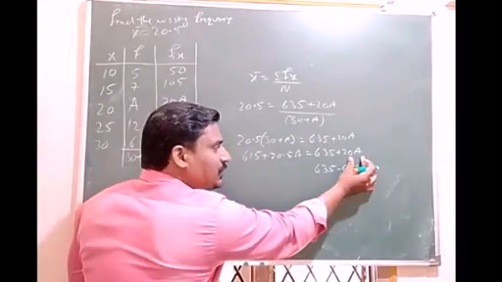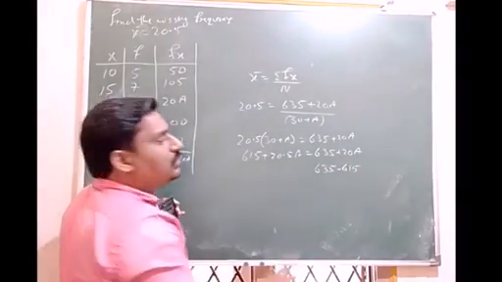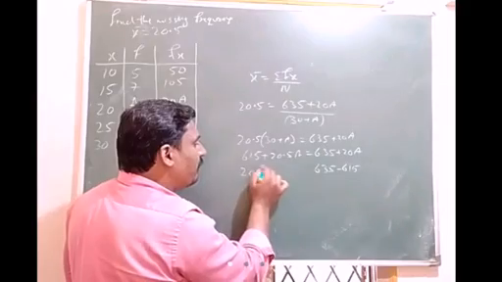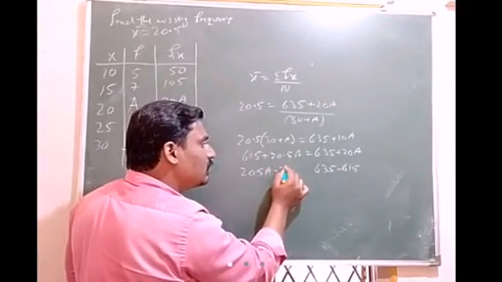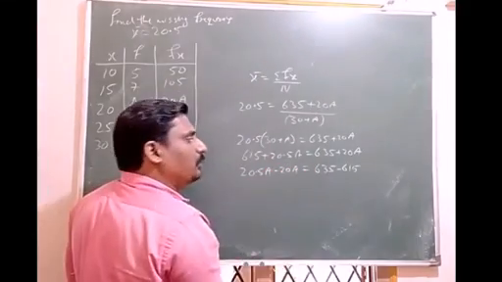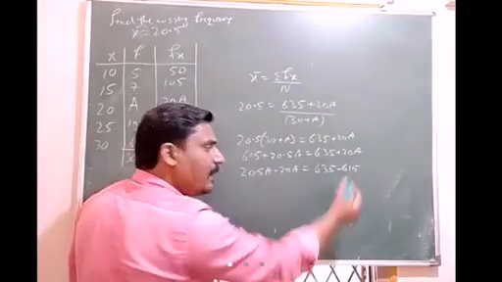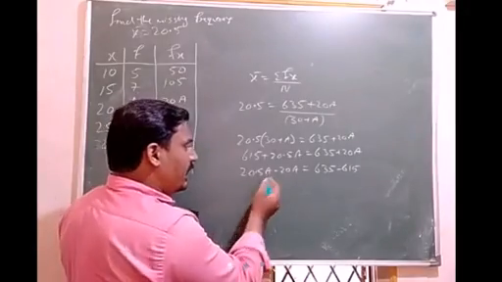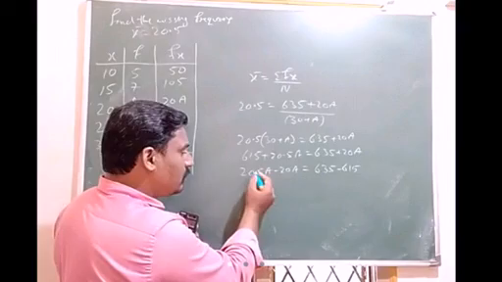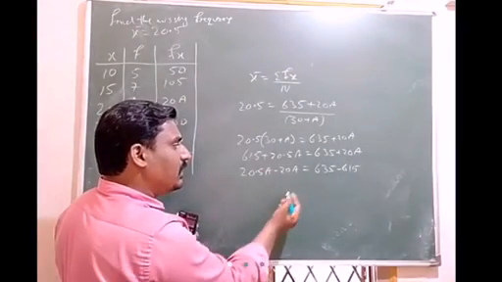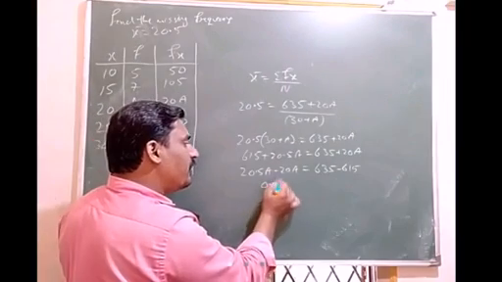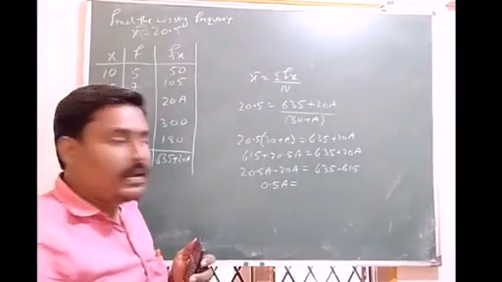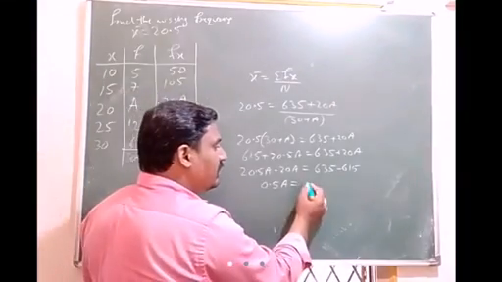And take this 20A to this side, so 20.5A minus 20A is equal to 635 minus 615. Now 20.5A minus 20A is 0.5A, equal to 635 minus 615, which is 20.